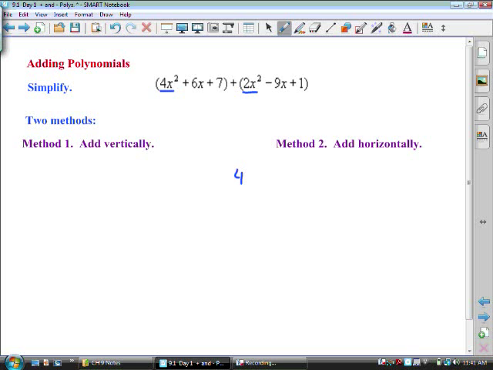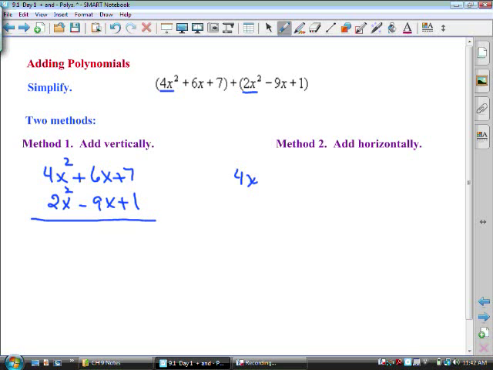If I do it horizontally, let me do it vertically first. Okay, so I write 4x squared plus 6x plus 7, which is polynomial 1, and I'm adding 2x squared minus 9x plus 1. All right, so just watch it both ways.